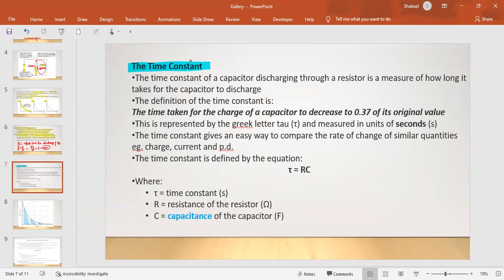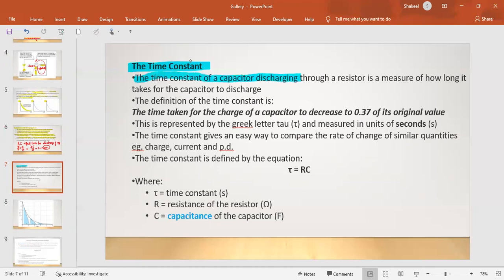Because of the exponential decay curve we see in the graph, if it were linear, we could state the total time. But because it's exponential, it will take too long for the capacitor to discharge completely. So what we do is divide that into different fractions.